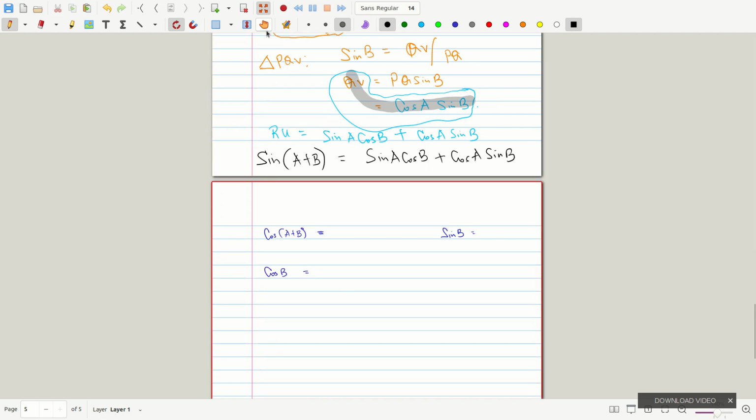However, this is the result, which I suppose some of you are already familiar with: sine of A plus B equals sine A cos B plus cos A sine B. So that is the result which we have here.